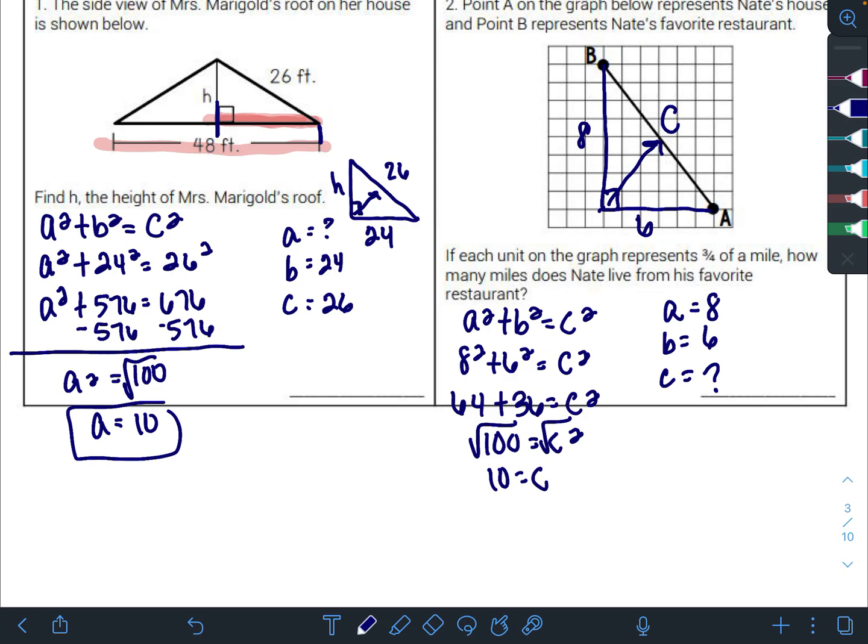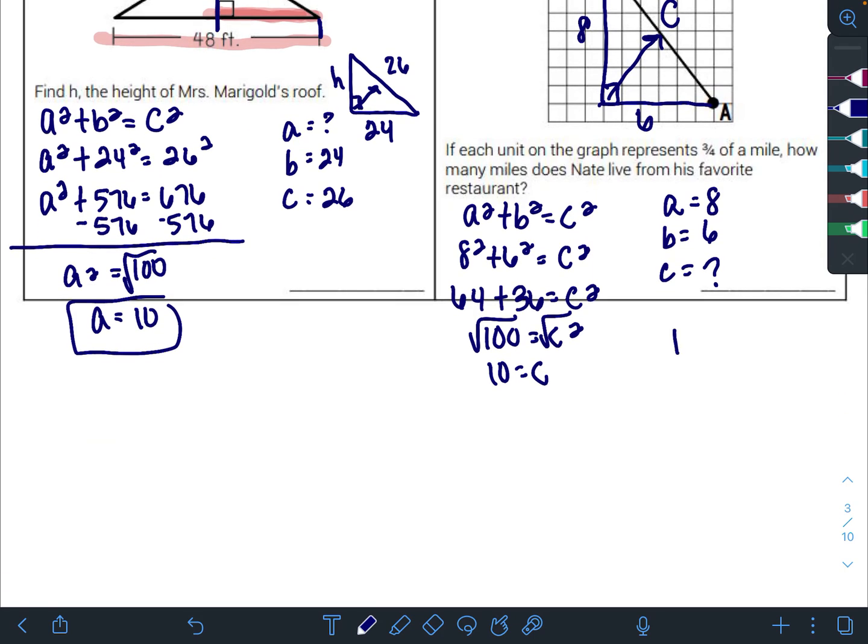But I've got to go back and read. So it says if each unit on the graph represents 3/4 of a mile, how many miles does Nate live from his favorite restaurant? So I know that 1 unit is 3/4 of a mile. And if I have 10 units, I've got to figure out how many miles that is.